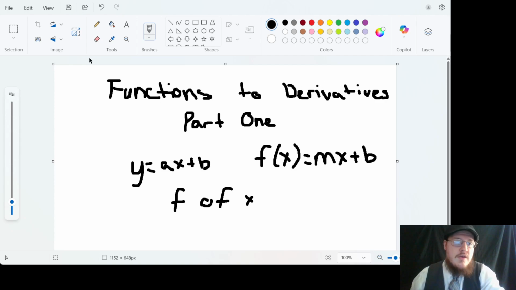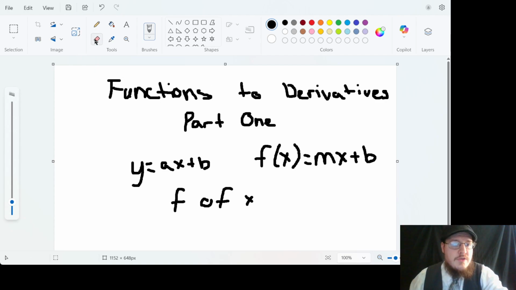Okay? So pretty straightforward. A little bit of vocabulary here, if you will. But f of x, that is what this f with the parentheses around the x is, because we are going to be taking certain values and plugging them into the x here, and then we solve the function, solve the equation for our next value in our table.